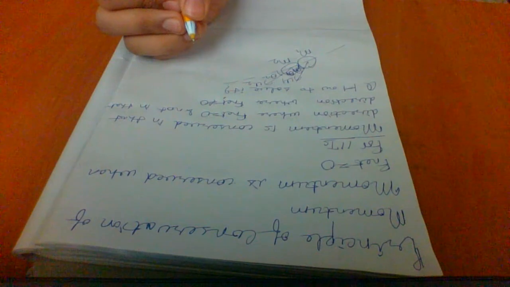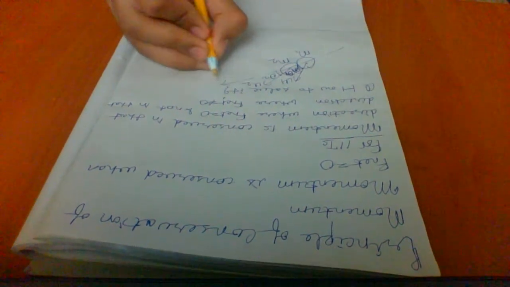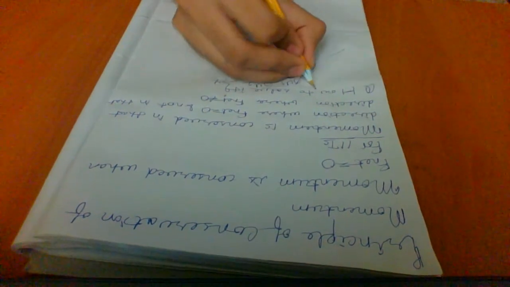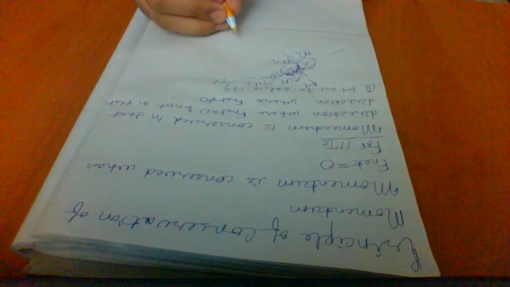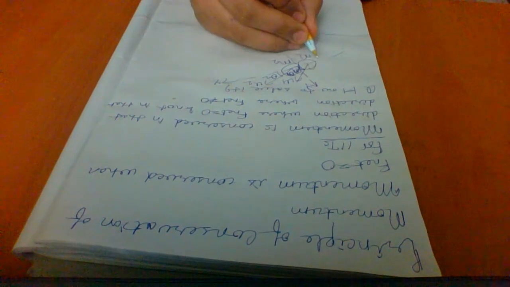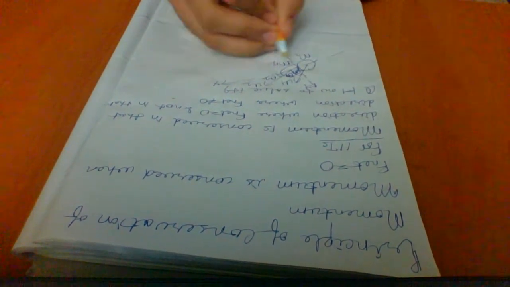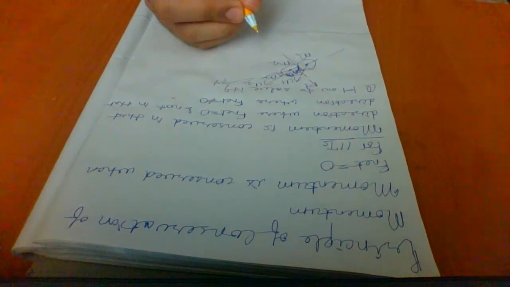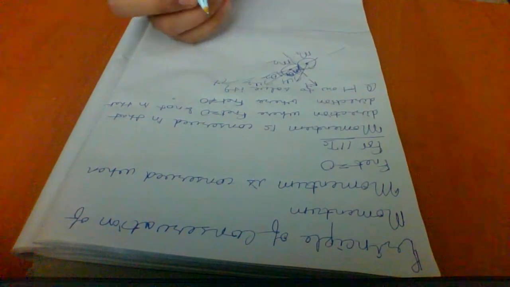Now see, let's take this direction as x and this direction as y. Along the x direction, this is the line joining the centers of the two balls.